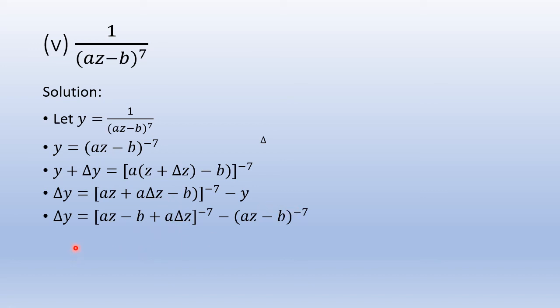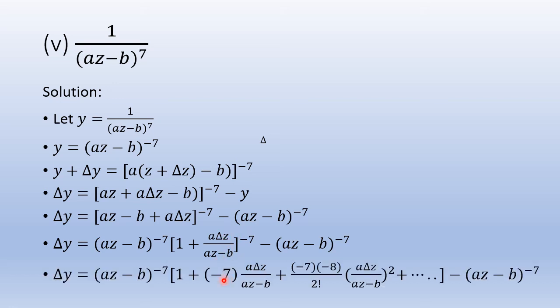Here it is. Now take this (az minus b) common, and you will have (az minus b) to the power minus 7 outside, and inside you will have 1 plus a del z by (az minus b). Now as del z is a very small number, this whole term is also very small. We can apply the expansion of (1 plus x) to the power n, where n is equal to minus 7 and x equals this term.